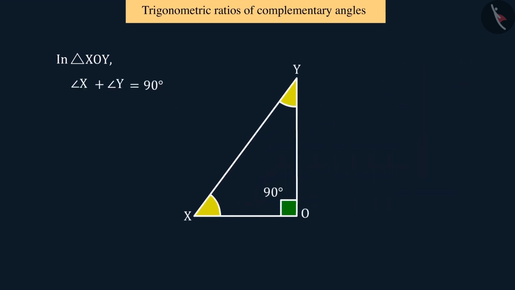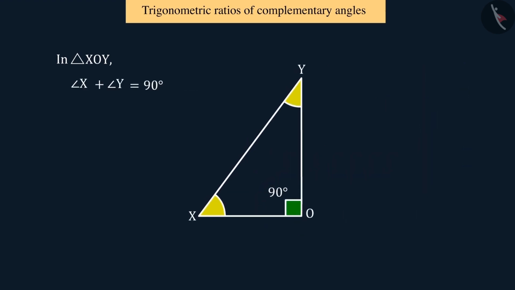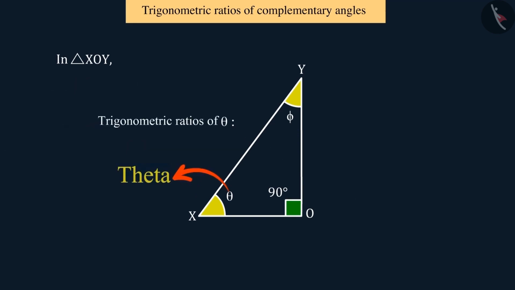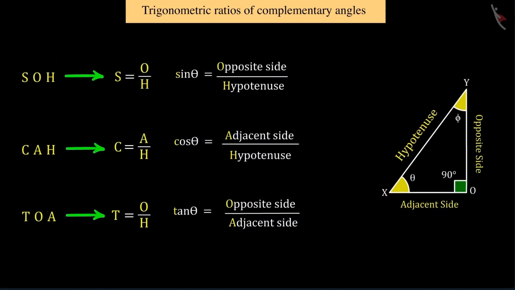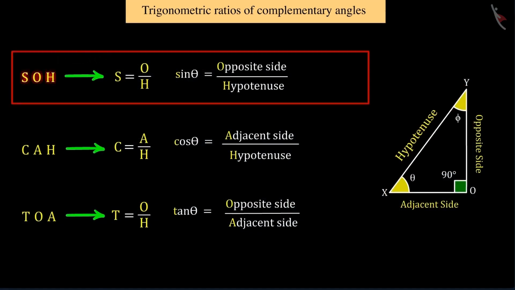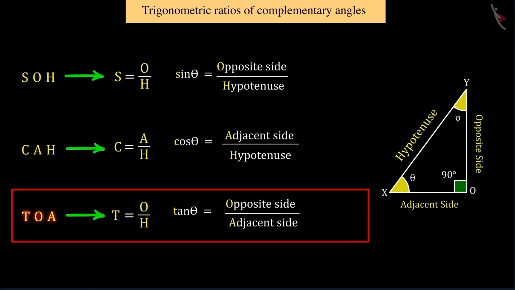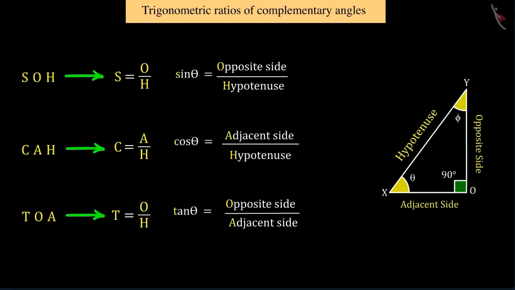Assuming the measure of angle X in the triangle XOY is theta, the measure of angle Y would be 90 degrees minus theta, which we represent here by phi. So, let's find the trigonometric ratios of theta. You can also revise SOH, CAH, TOA to find the values of trigonometric ratios.